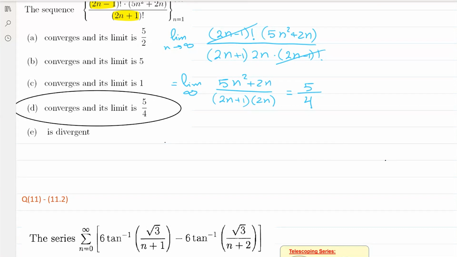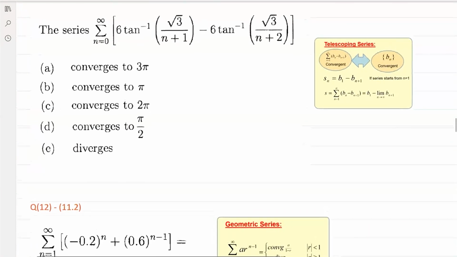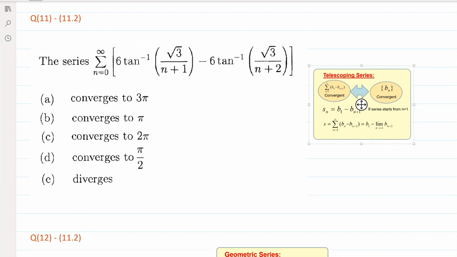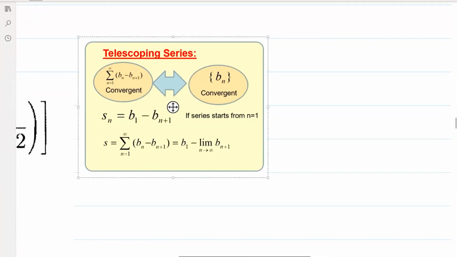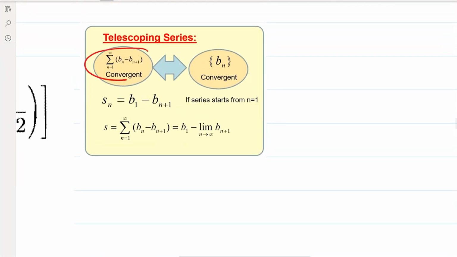Let me move to the next question. In this question we will talk about something very important called the telescoping series. What is the telescoping series in general? You will have a series in this form: the sum of Pn minus Pn plus 1.